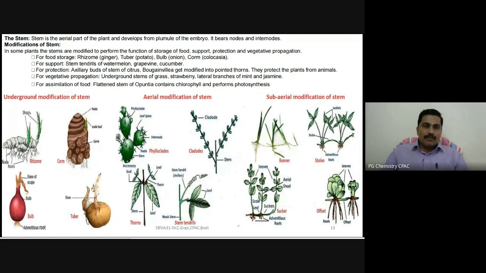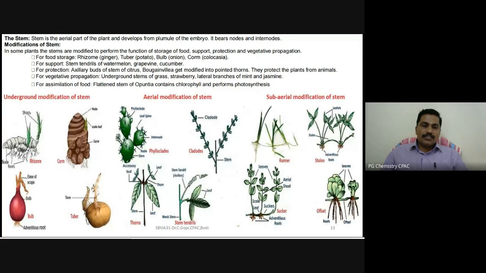Okay, and these are some of the stem modifications. So you see rhizome. Rhizome is an underground stem modification. Rhizome, corm, tuber, bulb. The rhizome example is ginger, the corm example is palm, the tuber example is potato, and the bulb example is onion. All those things are underground modifications of stem.